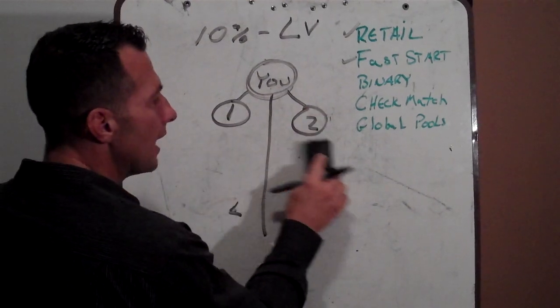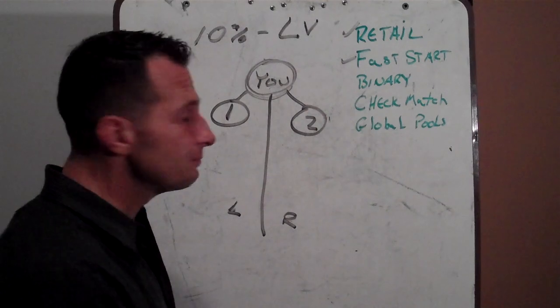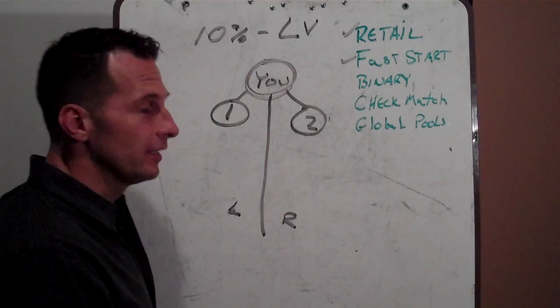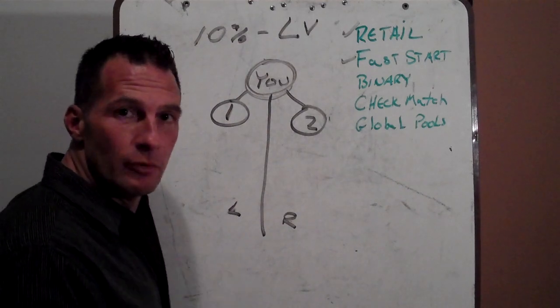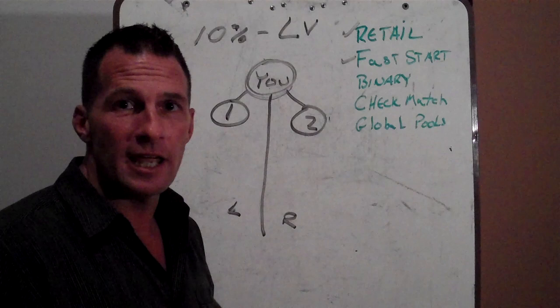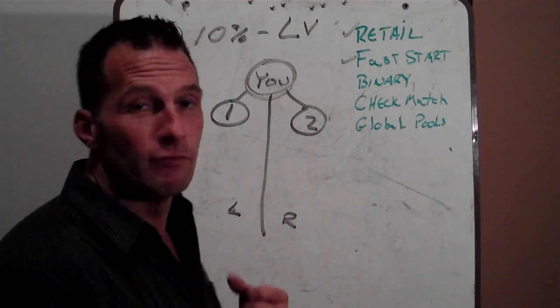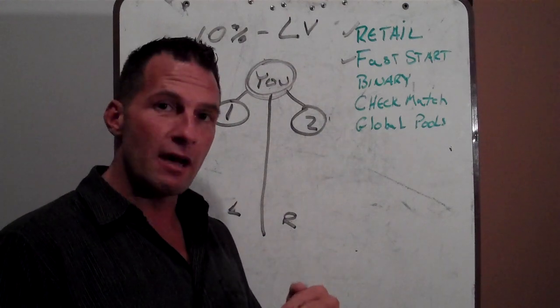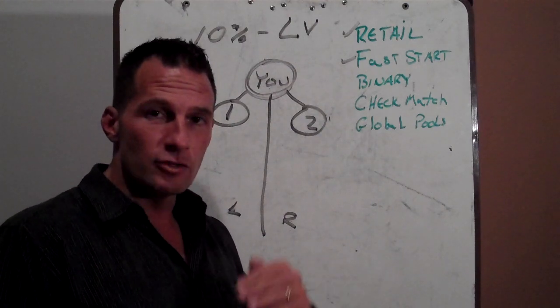Now let me slow down a little bit because I can get kind of fast. With this type of binary, what's really nice is all of our bonuses and all of our checks are very easy to obtain because they're strictly on volume. Your requirements are based on the volume. The more volume you have for certain promotions is really all that matters.